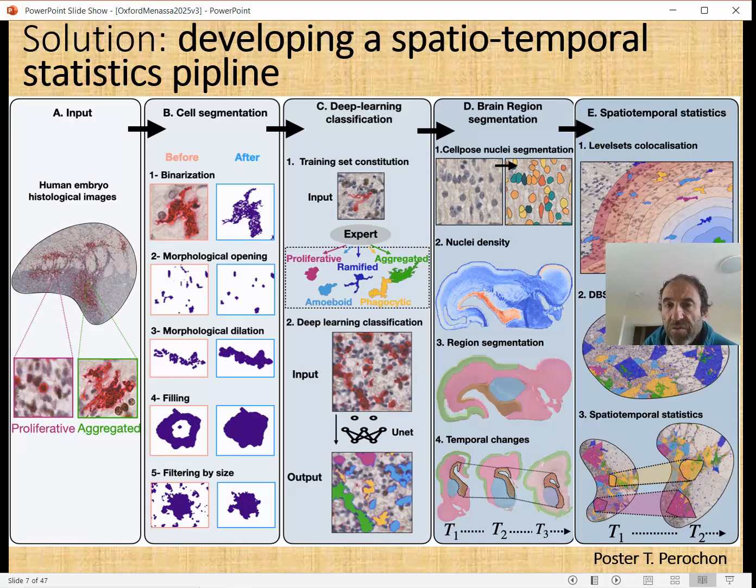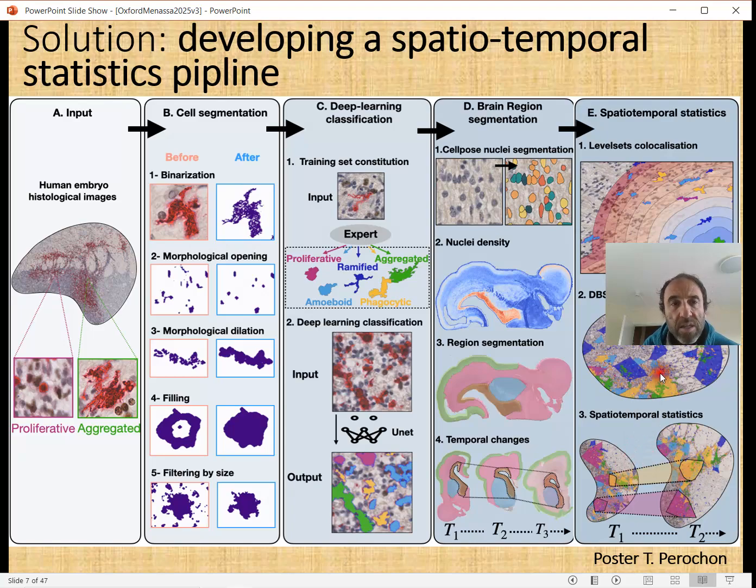Another type of statistical analysis is to look at whether cells are clustered. This is represented here in this convex hull, or whether they are inside and forming clusters or isolated. And finally, you would like to understand how this clustering or the statistics evolve over time.